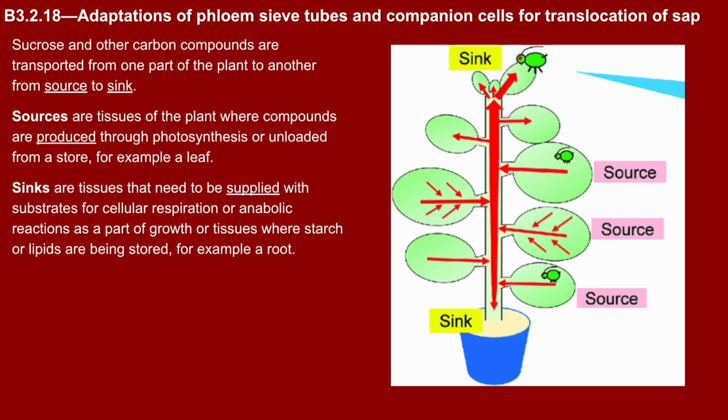Now, when we talk about the movement of sugars, instead of saying from leaves to roots, we have to say instead from source to sink. Oftentimes, the source is the leaf and the sink is the roots. The source is where the sugars are made, and the sinks are tissues that need to be supplied with those sugars. But you should know, the reason we have to say from source to sink is because sometimes the sink is above the source.